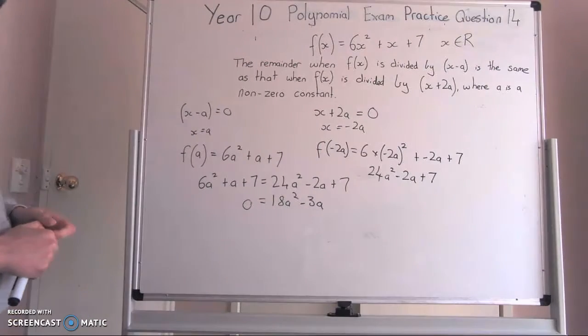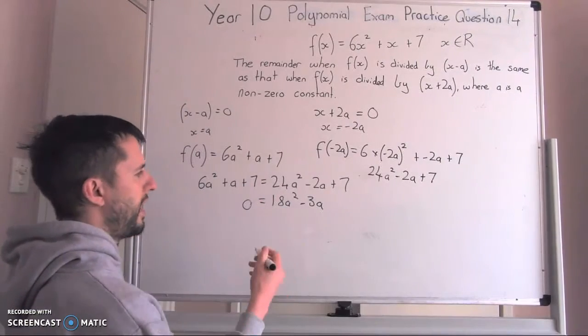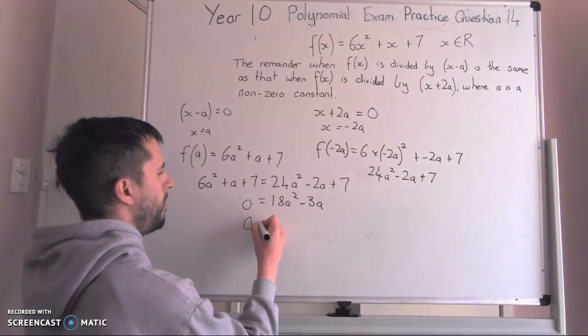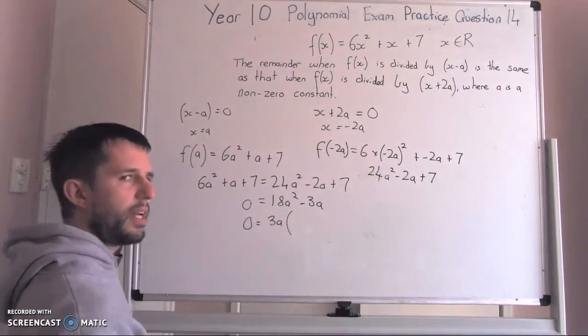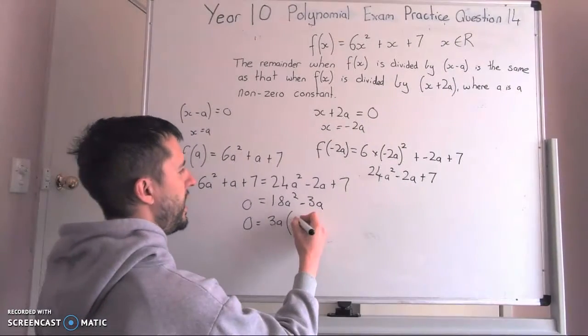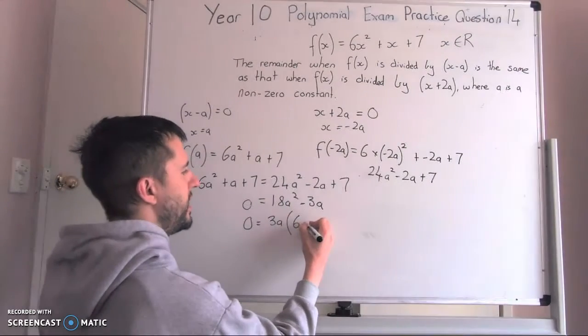Now the first thing I'm going to do is look at the common factor here. I have a common factor of 3a. So 18 divided by 3 equals 6, so 18a squared divided by 3a is 6a.